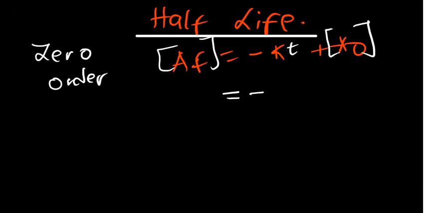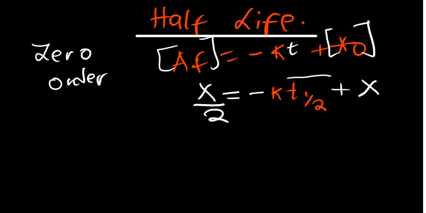Then I'll put T1 over 2 to show that we're trying to find the formula for the half-life. So let's say the initial concentration was X. So we know that it's the time it's going to take for it to reduce to its half. So its half is going to be X over 2. That's the final concentration. So now we're trying to find the formula for the time it's going to take for the initial concentration of X to reduce to X over 2. Okay, so that's what we're trying to do.